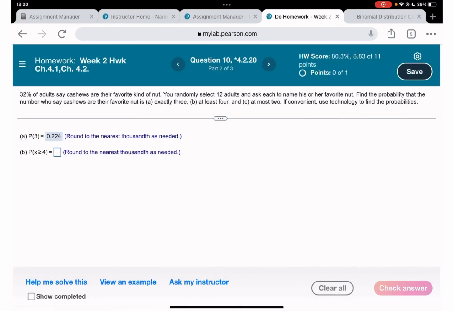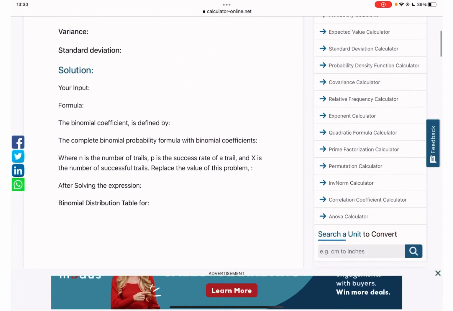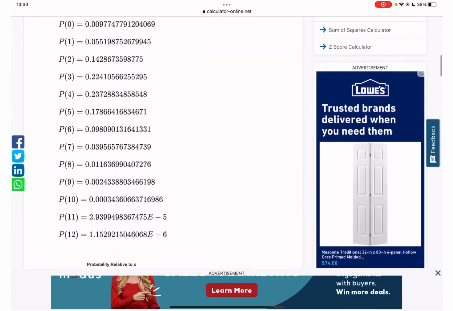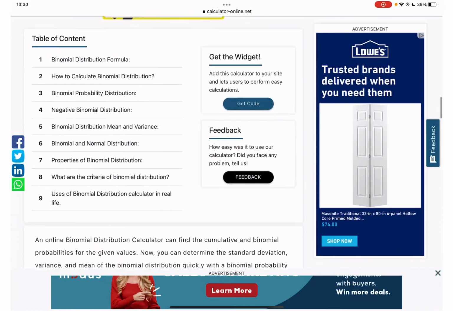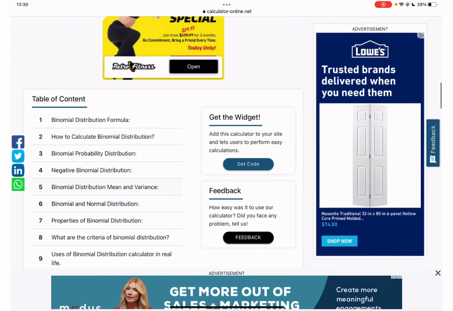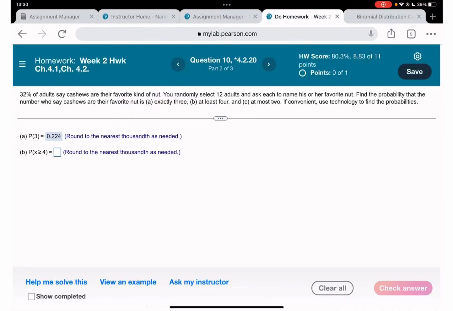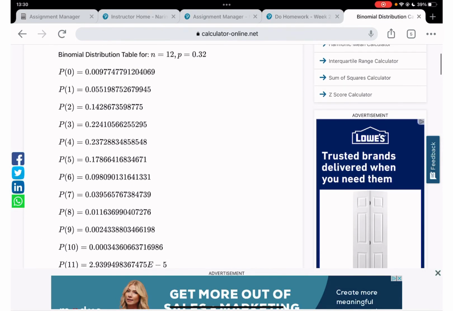Okay. More than 4, since we already have it, more than 4, how much is it going to be? Oh, here it is, more than 4. It's easier, instead of going more than 4, because there are 9, 10, 12. So only more, right? More or equal. So I'm going to take from 0 to 3, and do 1 minus, let me write it down.